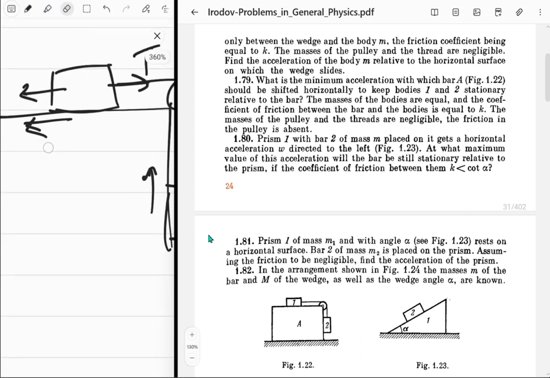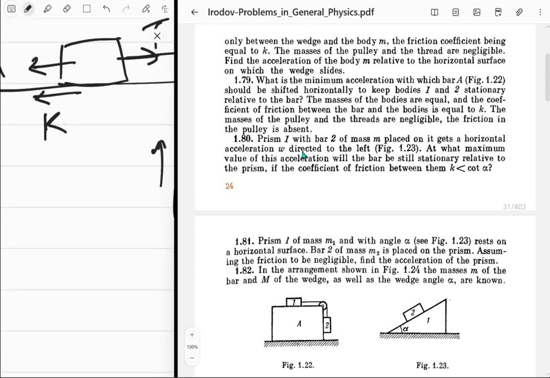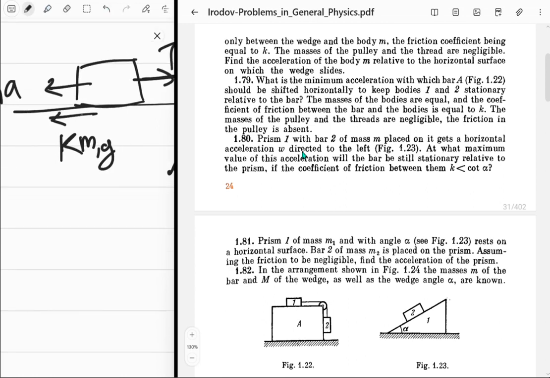So F1 will just be equal to, okay, bad habit. Actually it's a good habit to write mu because everyone uses mu, but this book uses K. Who does that? Okay, K times m1g, sorry, because that's the normal force.